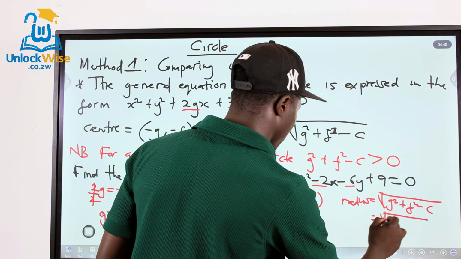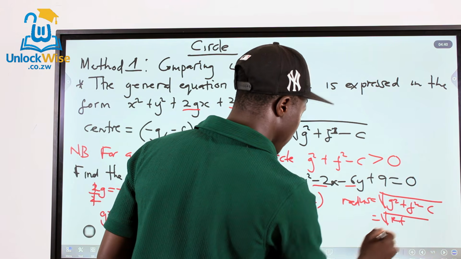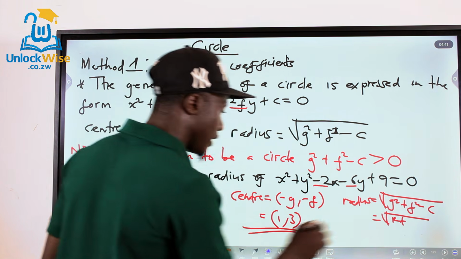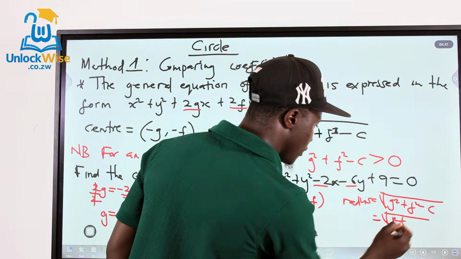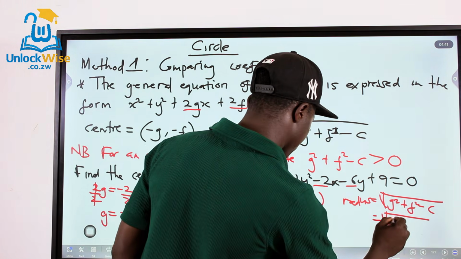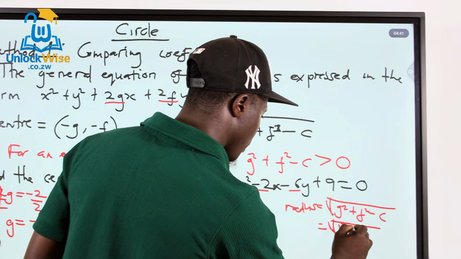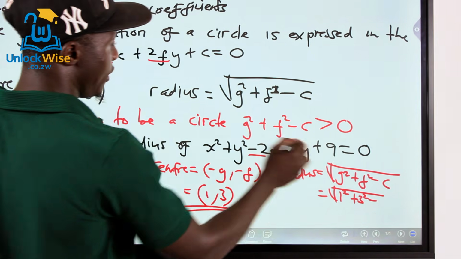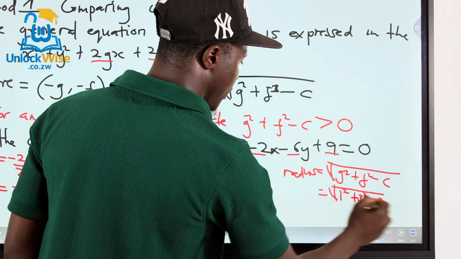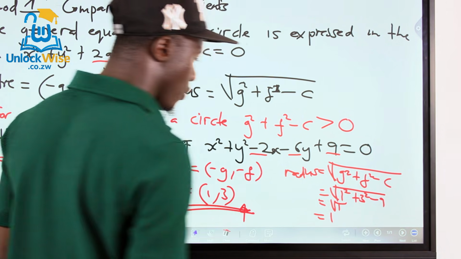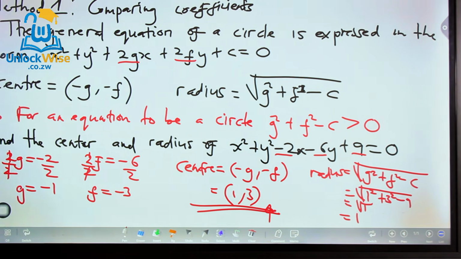So we say 1 squared plus 3 squared minus, then the c is 9. We'll be left with the square root of 1, which is equal to 1, and that will be our radius.